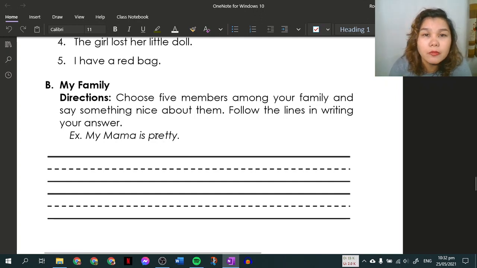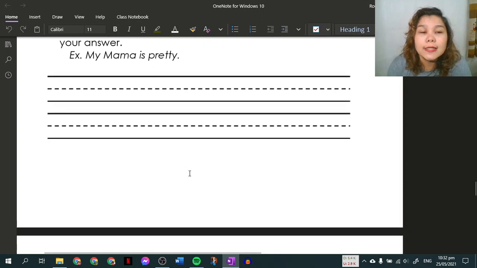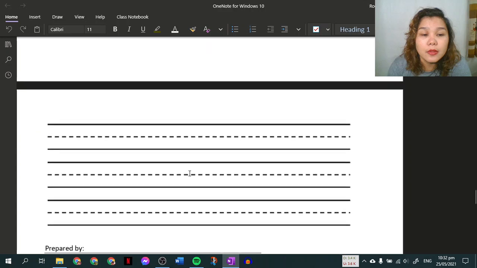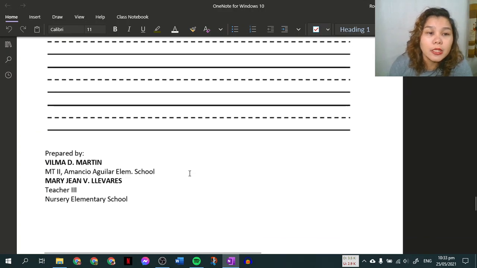It's like blue, red, blue. So 3 lines to use for each sentence. So there are 5 sets. Make sure that you write it legibly, malinaw, and if adults write it for you, then the idea will be theirs. It won't be yours anymore.